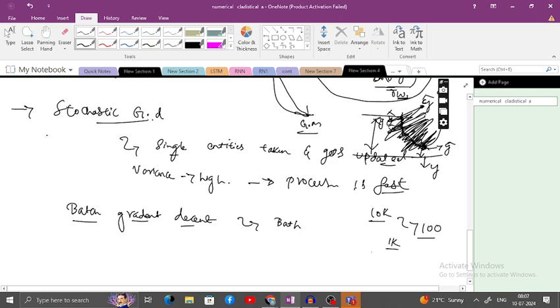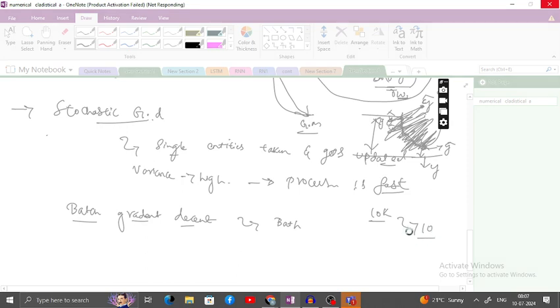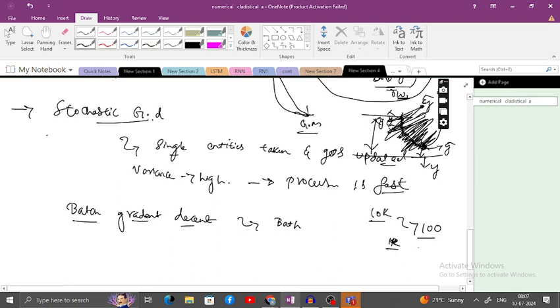Or you can divide them into 100 batches: 100 into 100 is 10,000, right? So for each batch you have 100 samples, and we perform on these samples. How are you going to perform?